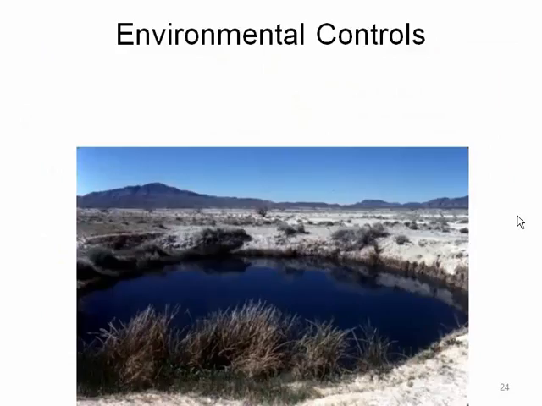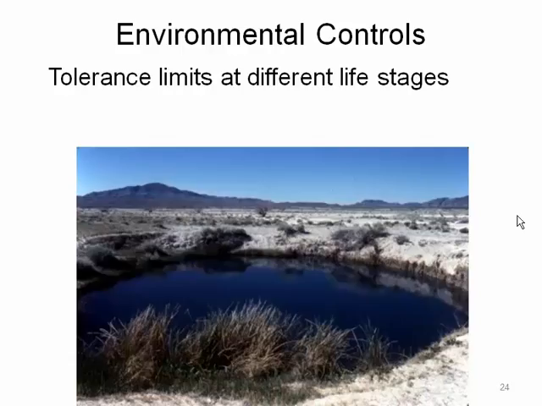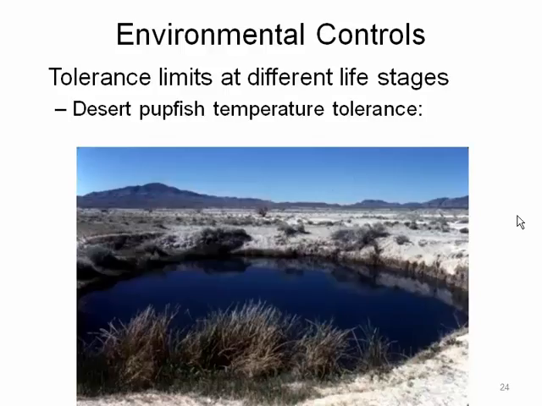Another note about environmental controls, an example from the desert southwest in California. The tolerance limits and the limiting factors can play out differently at different life stages, as you might imagine. The desert pupfish is a very, very unique type of fish that occurs in these small, isolated pools and ponds east of Death Valley.